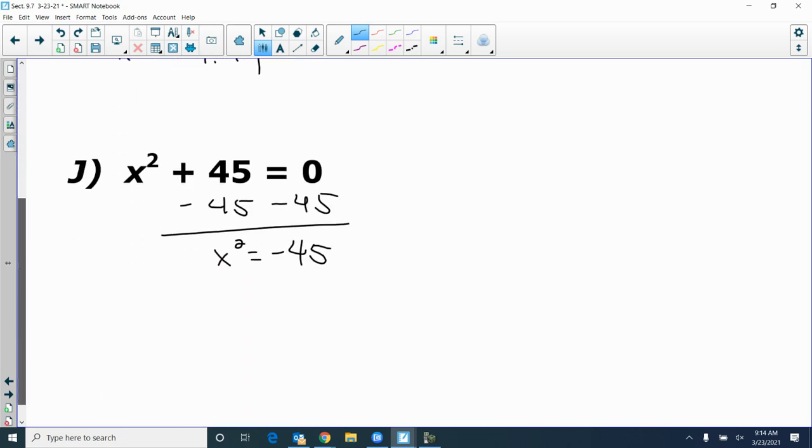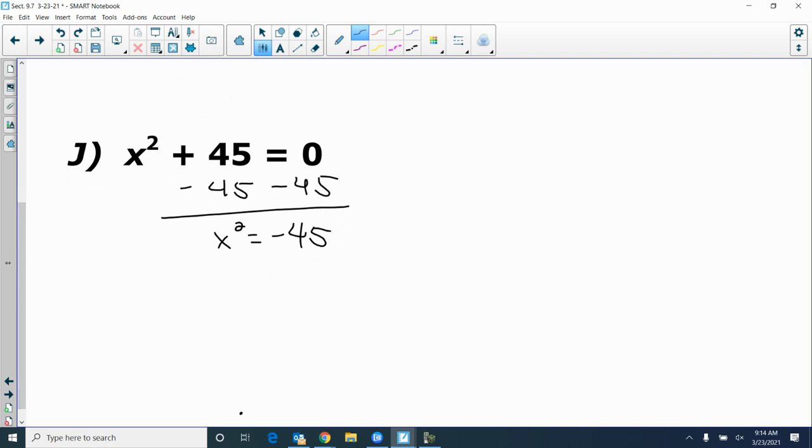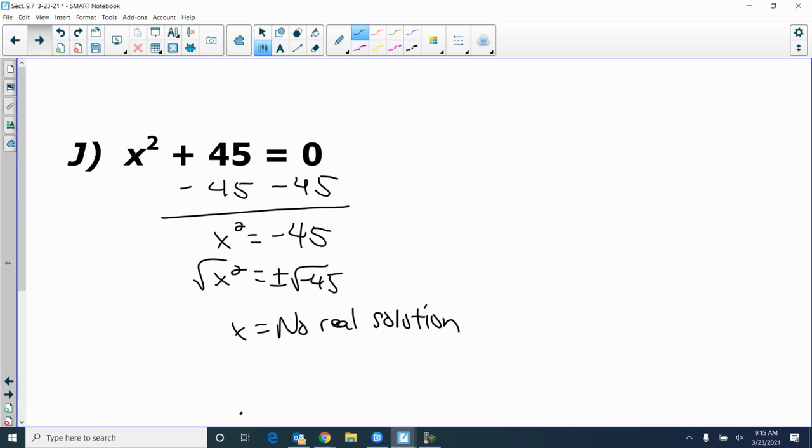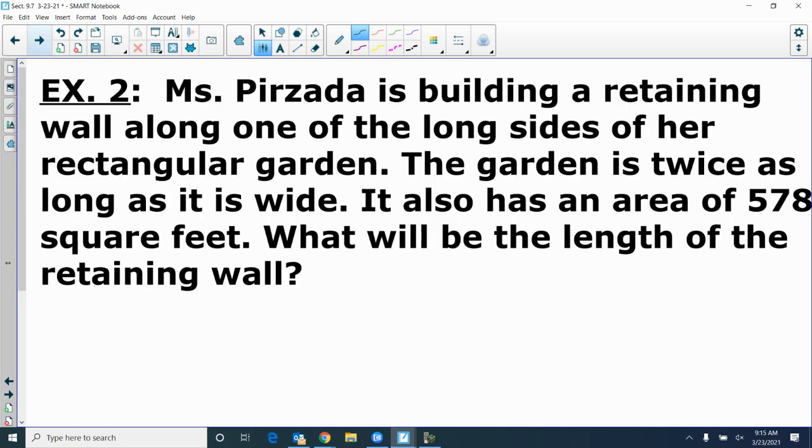Once you get the x squared by itself, now when you start to do this, you get x equals no real solution. So don't just stop ahead of the game. Now, we're not gonna have time to do this one. We'll hit this one tomorrow.